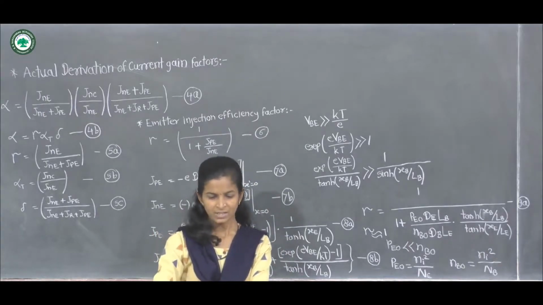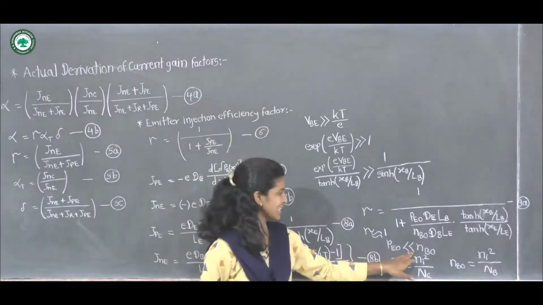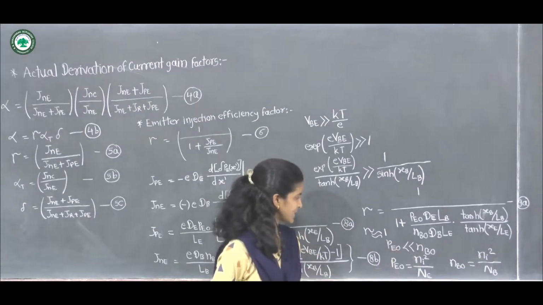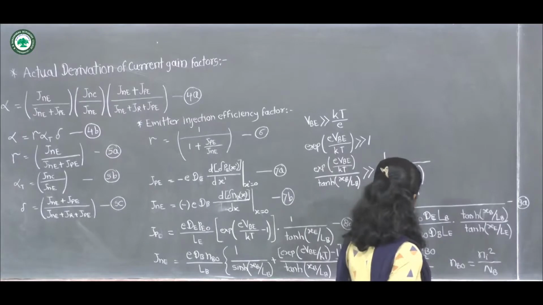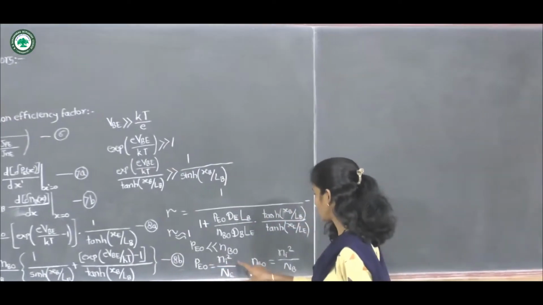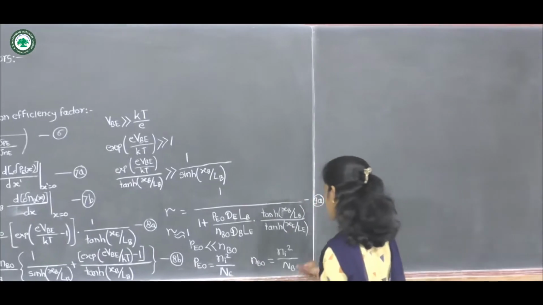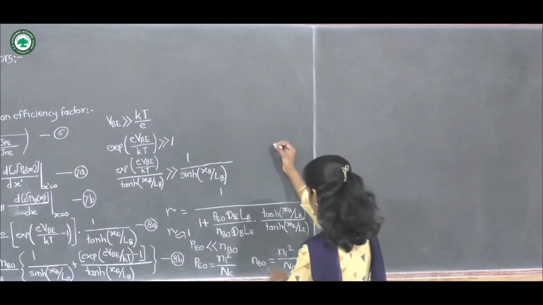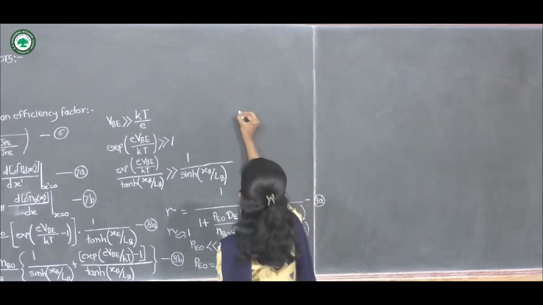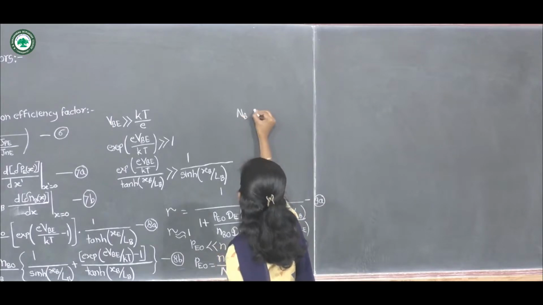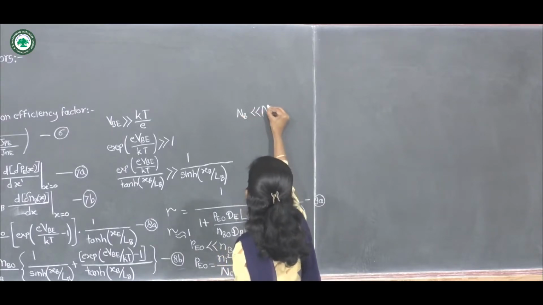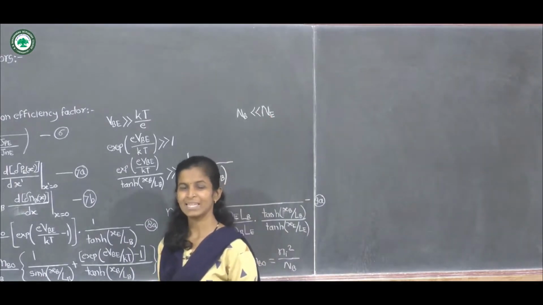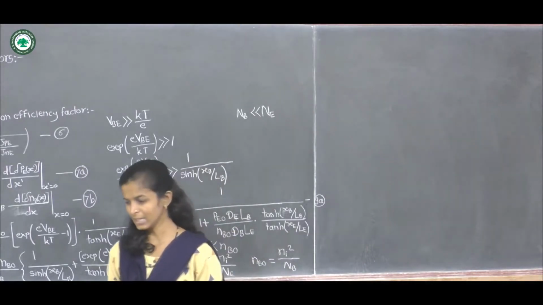So to achieve PO less than NBO, we must have NB less than Ne. That is, the impurity doping concentration in the base must be less than that in the emitter.